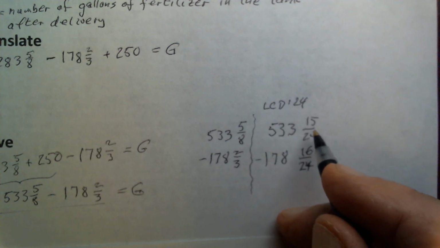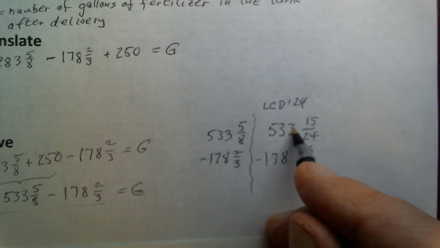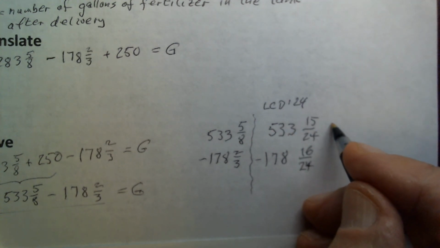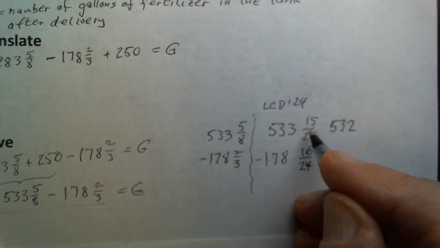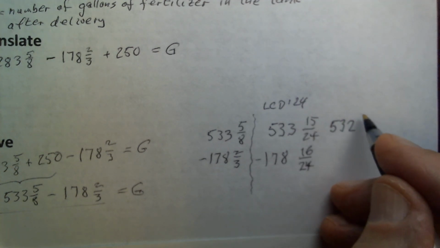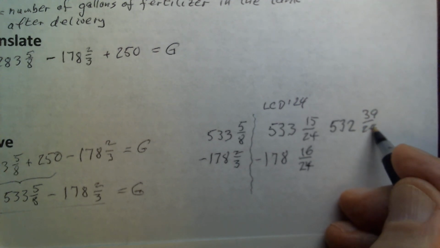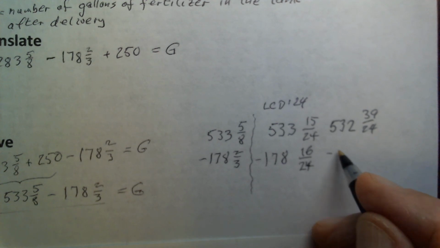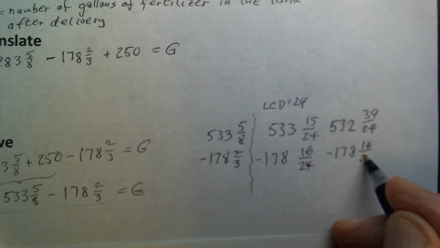Now we cannot subtract 16 24ths from 15 24ths, so we need to borrow 1 from the 533. So that becomes a 532, and 24 24ths, and 24 plus 15 is 39 divided by 24, minus 178 16ths divided by 24.